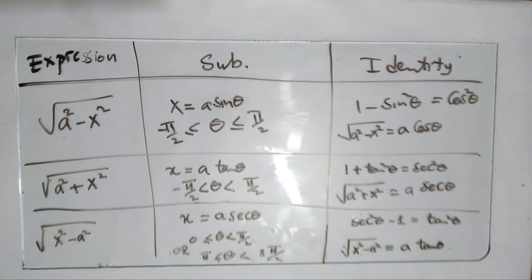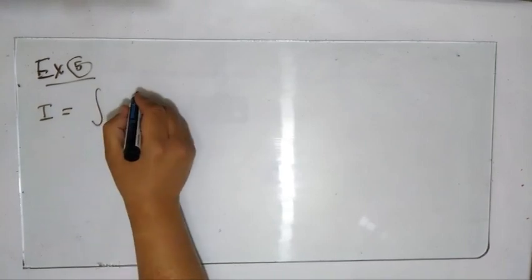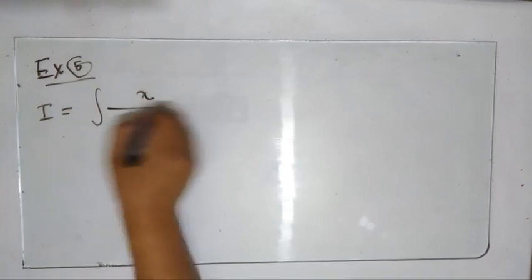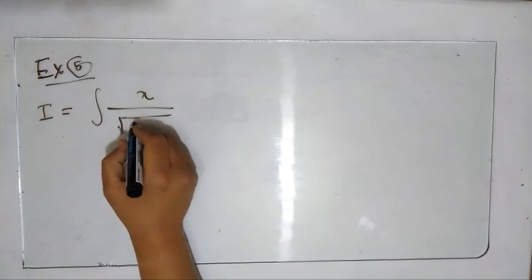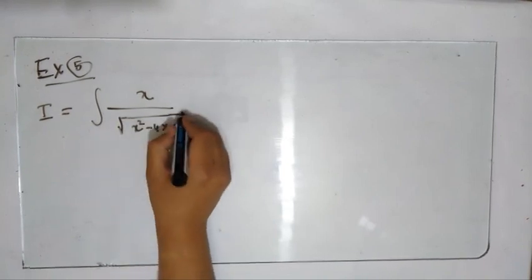So now let's see another example to know how to use the idea of completing the square. Our last example, example 5. Our integral is the integration of x over the square root of x squared minus 4x plus 5.